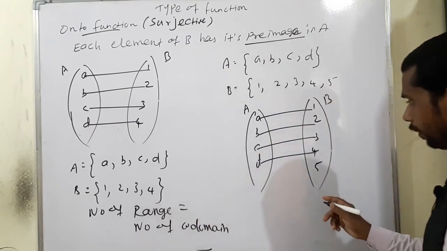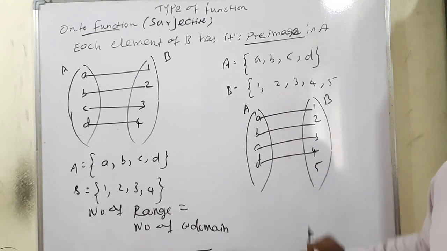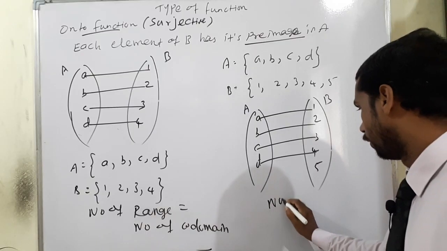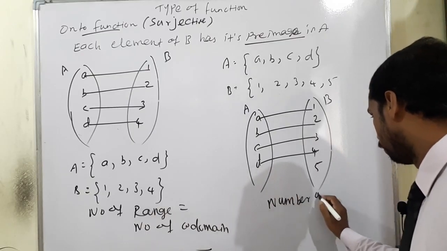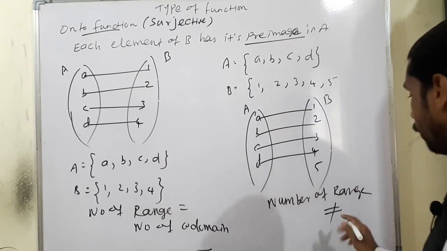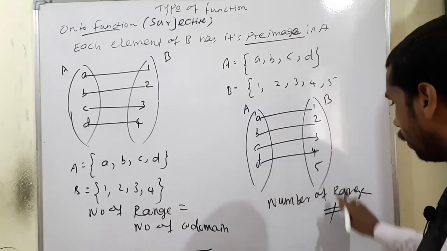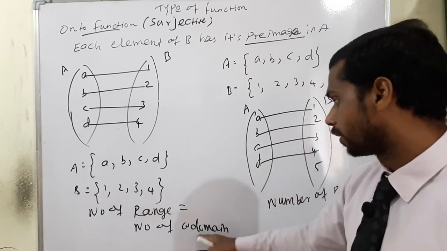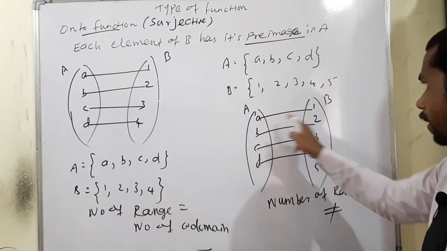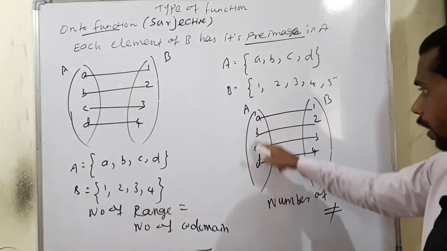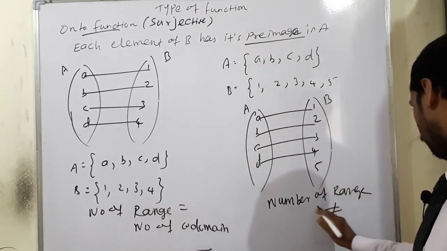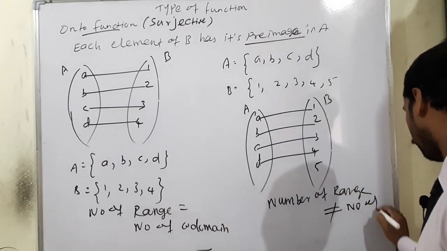So definitely we can say it is not an onto function. Why? Listen very carefully: the number of range is not equal, isn't it? Because the codomain has 5 elements, not equal to the number of range. So codomain means B values, and each image has a pre-image. A, B, C, D are filled up, but we have 5 elements there. Therefore the number of range is not equal to the number of codomain.